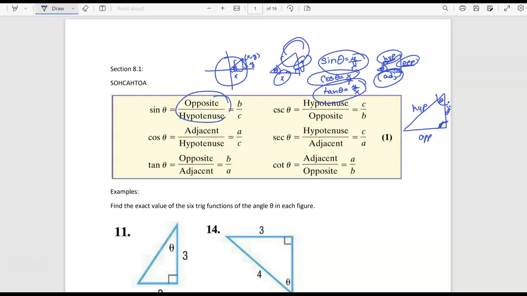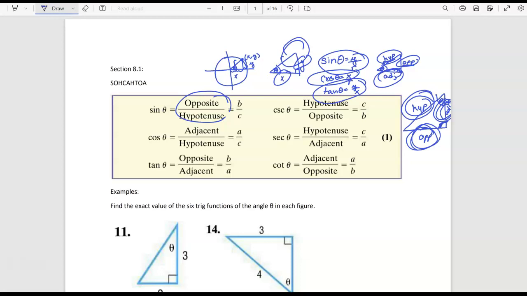Sine is still opposite over hypotenuse, which would be this side divided by the hypotenuse. Cosine would be adjacent divided by hypotenuse, and tangent would be opposite over adjacent. So you can look at any triangle in any way and you'd be able to figure everything out.